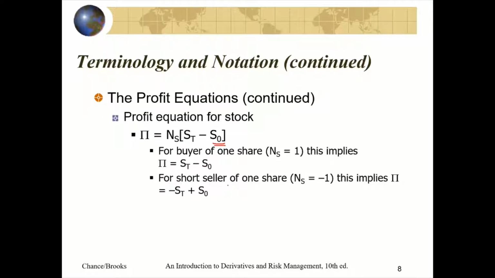For the short seller of one share, N will be negative, and this implies that when you enter into the position the first time, you will receive cash, because you shorted the stock. And when you cover your short position, you will pay to buy the stock. So you will pay for the stock, and that will have a negative effect on your profit. So you notice that it's the opposite of buying one share.